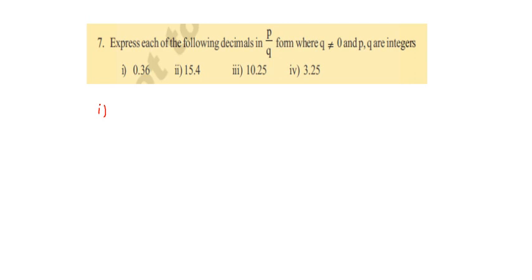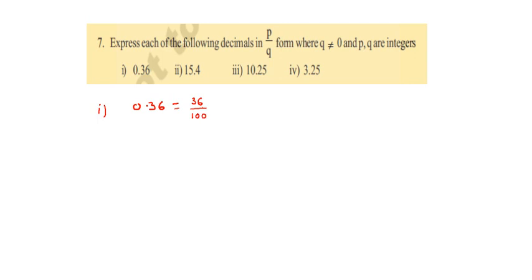So 0.36 is the given one. For that, you may count how many digits are there after the decimal point. There are 2 digits. So you remove the decimal point and you write the numerator, and after 1, you put 2 zeros in the denominator like this.